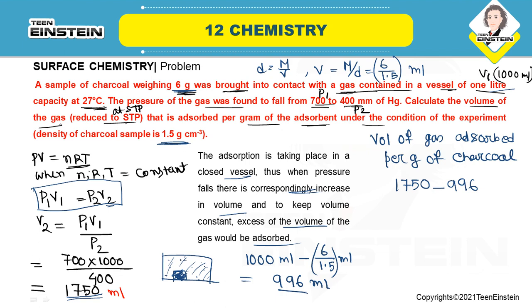So this available space, if we subtract it from this volume, then we will get the actual volume of the gas that is inside the charcoal, that is adsorbed on the charcoal surface. Now this is the volume, but as it is per gram of charcoal, we will divide it by 6, because the mass is 6.